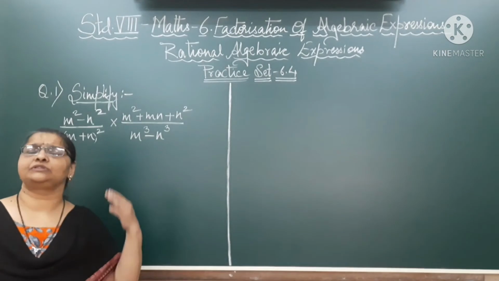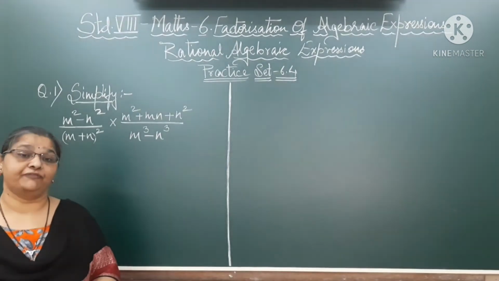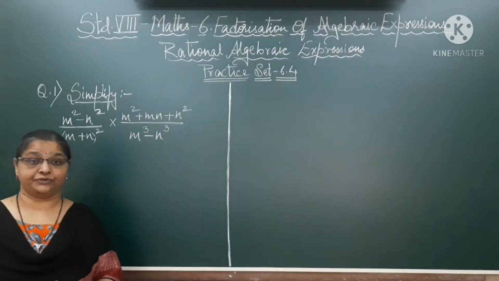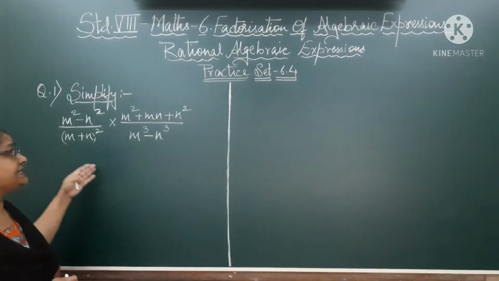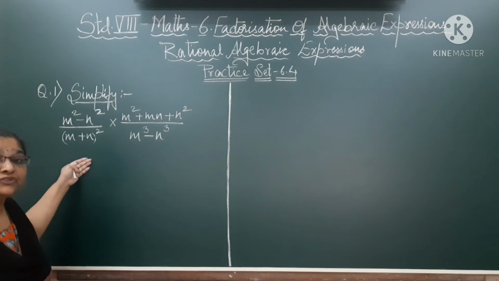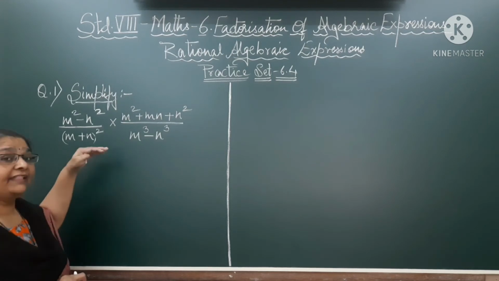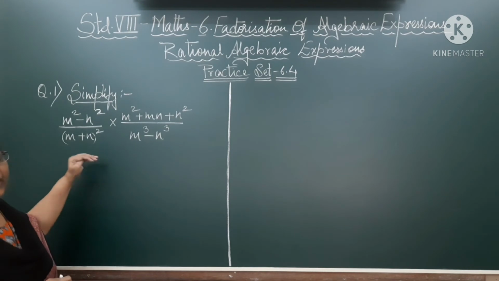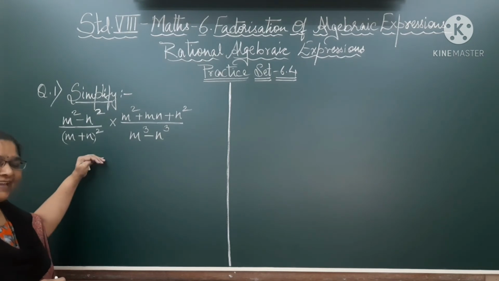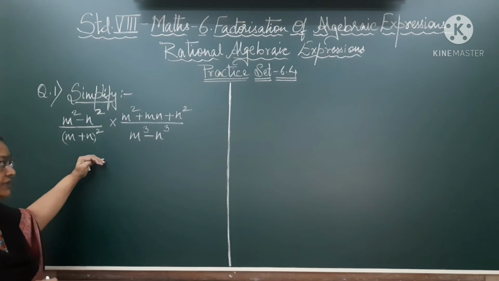So all those algebraic formulae which you have learned, we are going to use to factorize these algebraic expressions and then use those factors to simplify the given rational algebraic expressions. So let us start with it now.